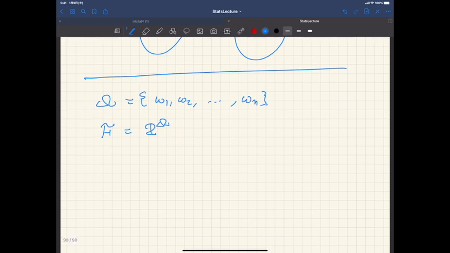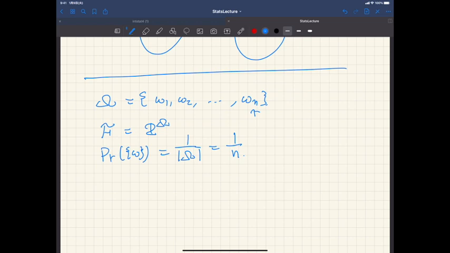Then we define the probability measure by 1 over the size of omega. In this case, since there are n elements, we have 1 over n.